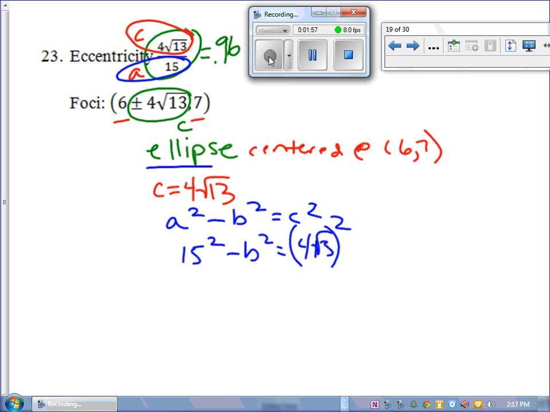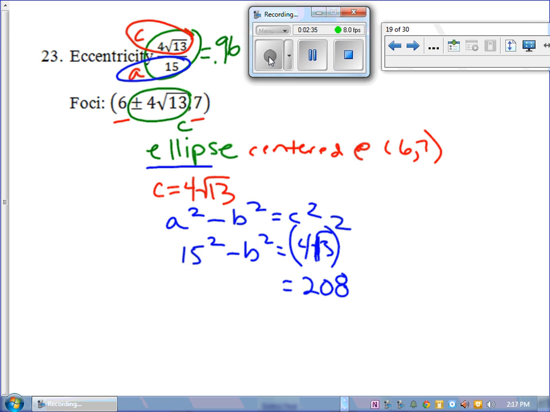So going then into our calculators, we find that 4 radical 13 quantity squared is 208.